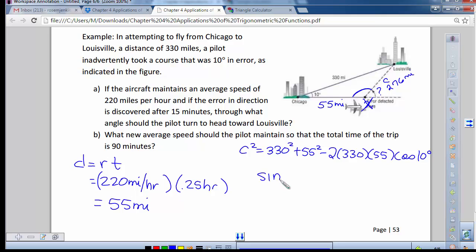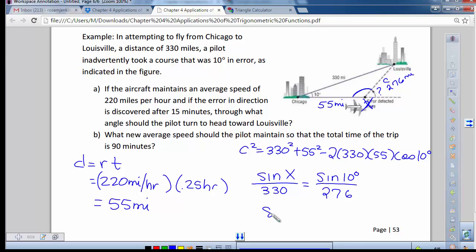sine X over 330 equals sine of 10 degrees over that 276. I do need that now.